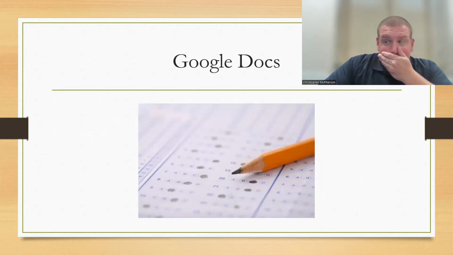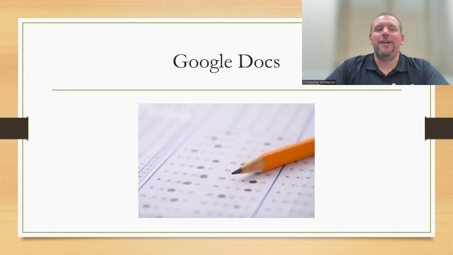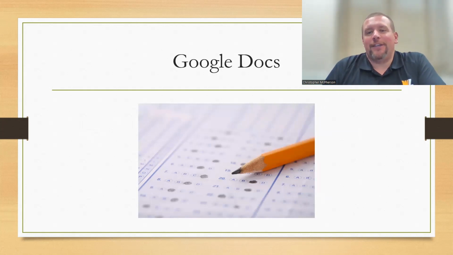Google Docs, again, it has an accessibility feature, but they are not as good as the Microsoft Suite products. So if you use Google Docs or Forms or anything like that, there is an accessibility checker, but all it does is give you a smiley face if it's good, and a frown face if it's not good, or if Google thinks there's a concern.